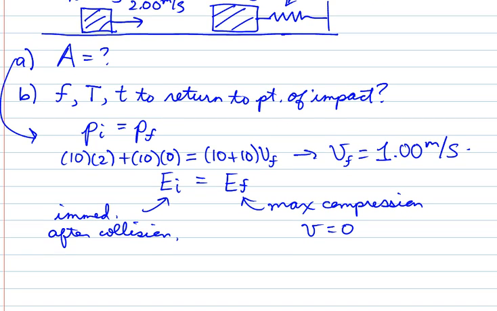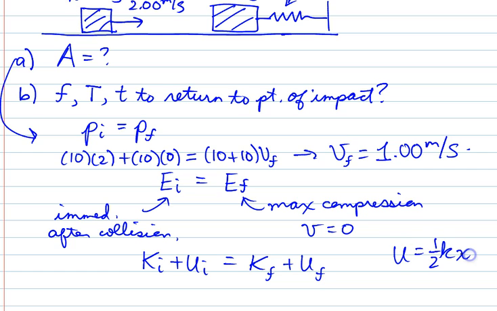Okay, so we can say that kinetic plus potential equals kinetic plus potential, and in this case U is the spring potential energy, 1/2 kx squared.